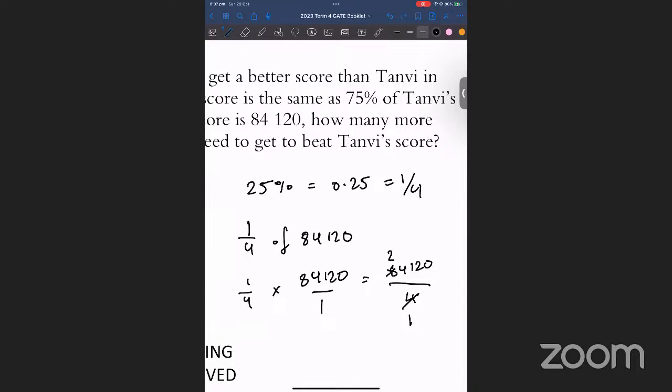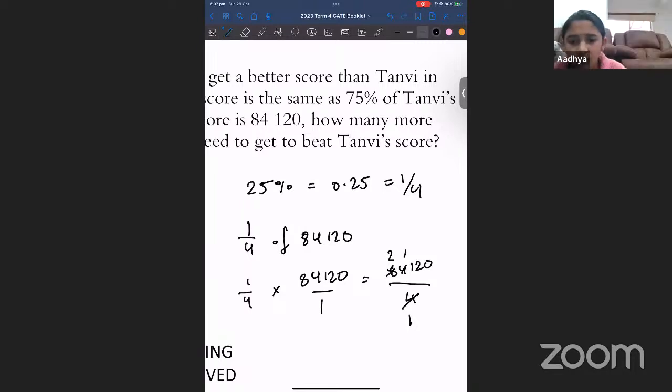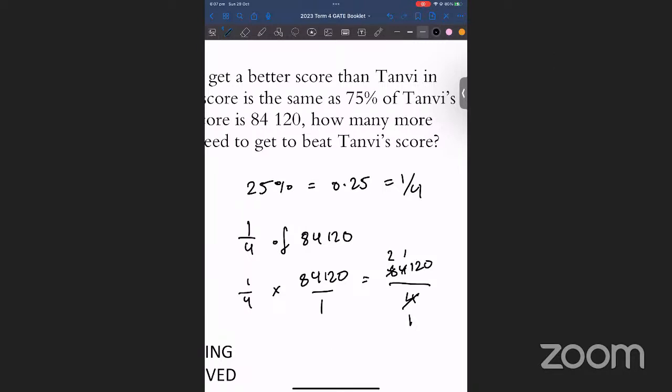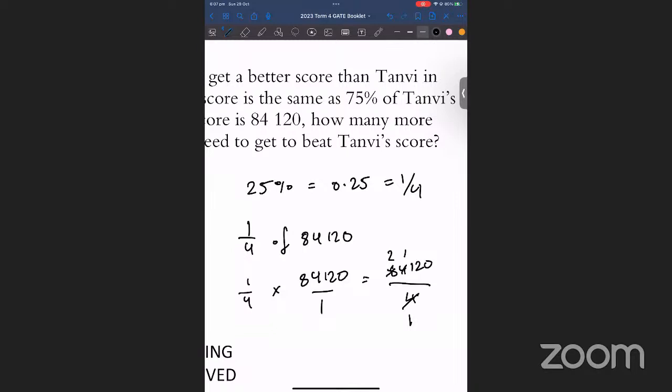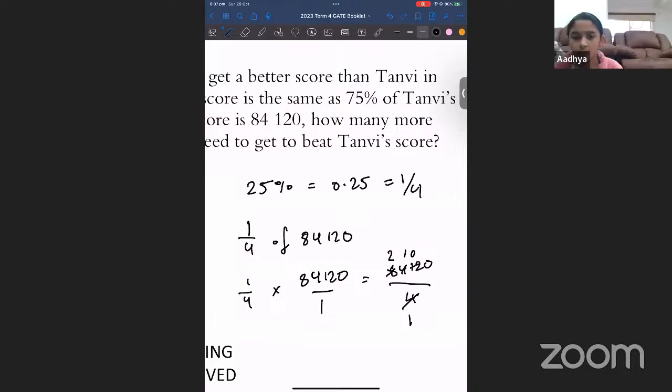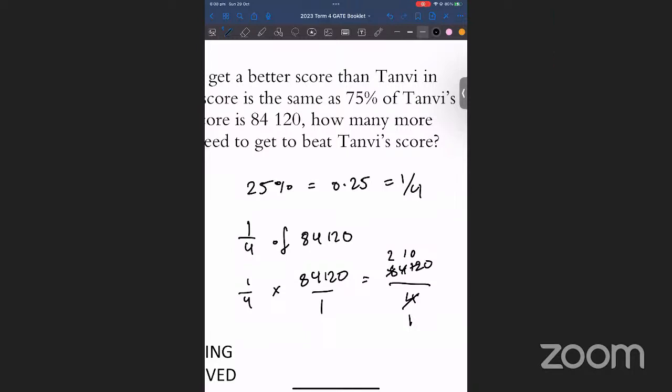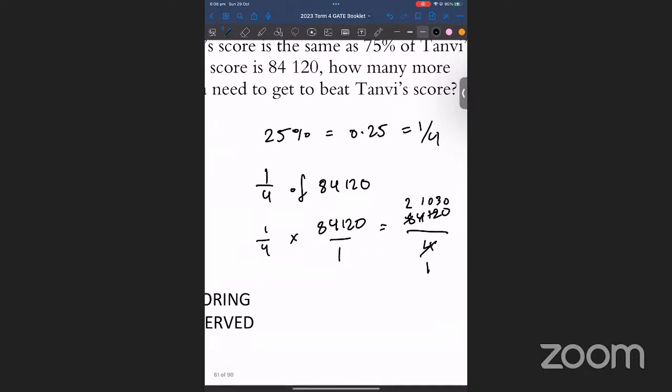And how many times does 4 go into 1, Adya? 4 goes into 1 0 times. 4 goes into 12 how many times? 3. And how many times does 4 go into 0? 0 times.